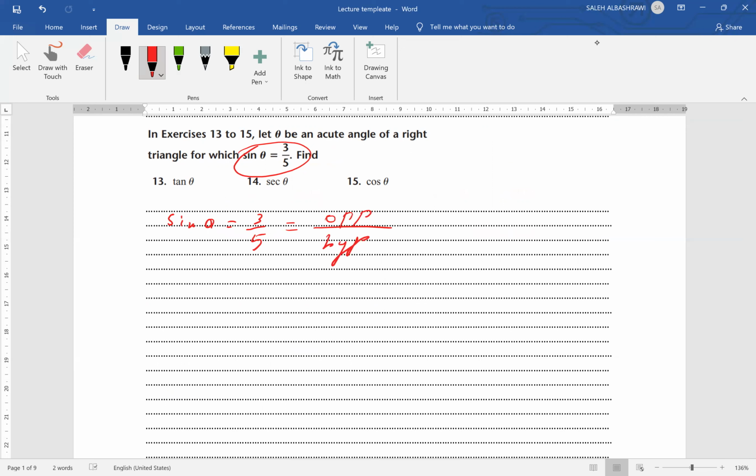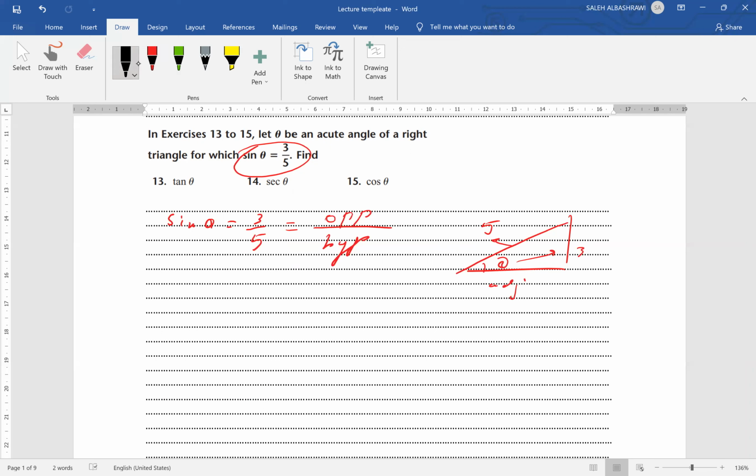So we can see that the missing one is the adjacent. If we draw a right triangle, and this is theta, we have the opposite equal to 3 and the hypotenuse equal to 5. So the missing one is the adjacent.